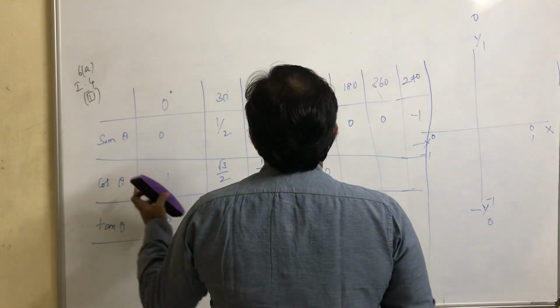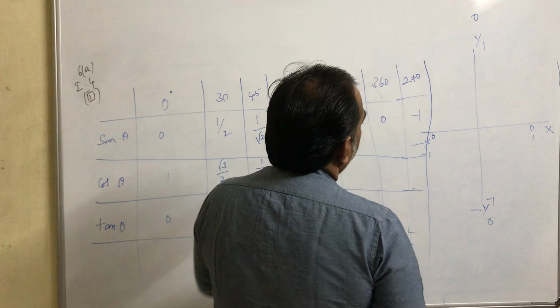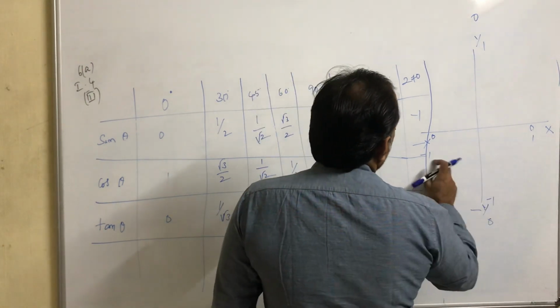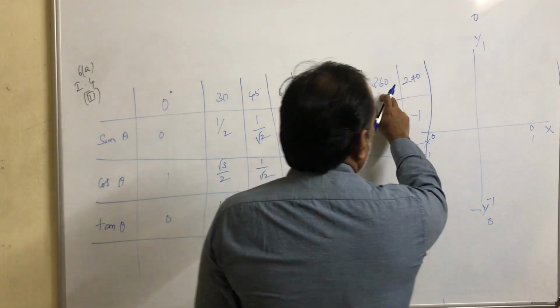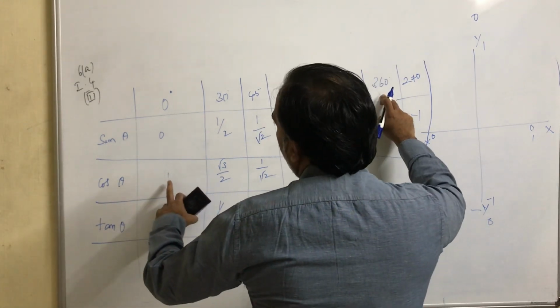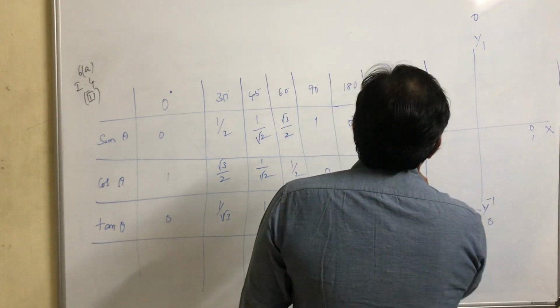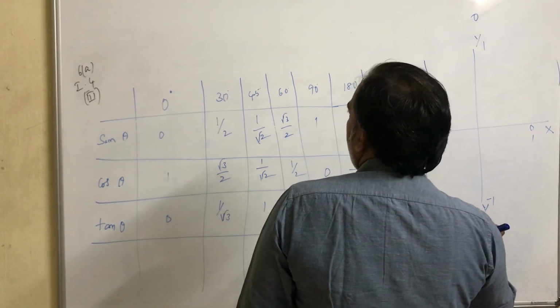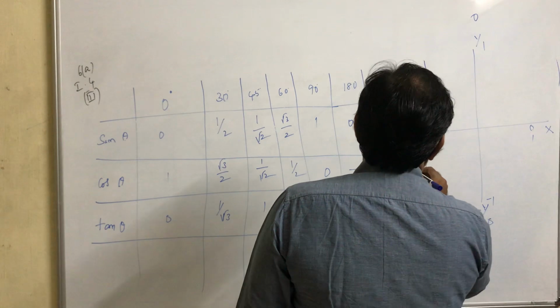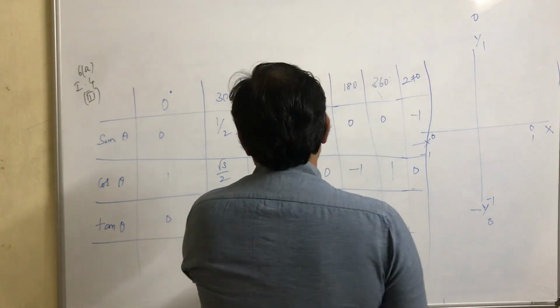Now take cos 180, it is minus 1. Cos 360 is how much? Cos 360 equals 1. Cos 270 equals 0. Okay. Now take tan.